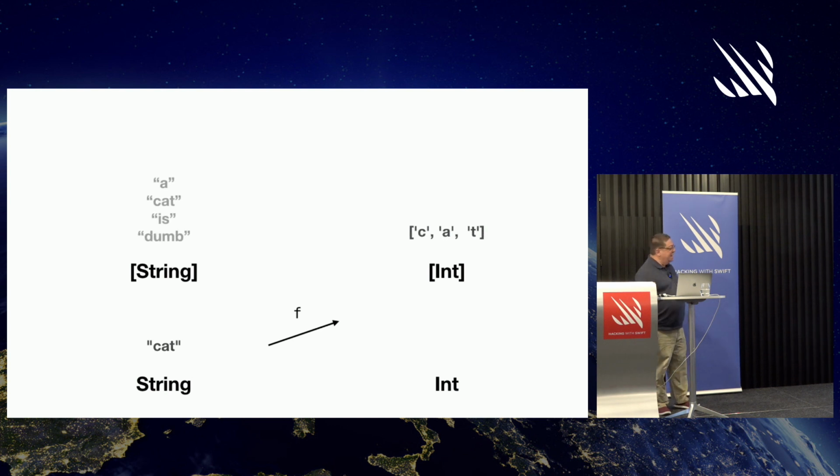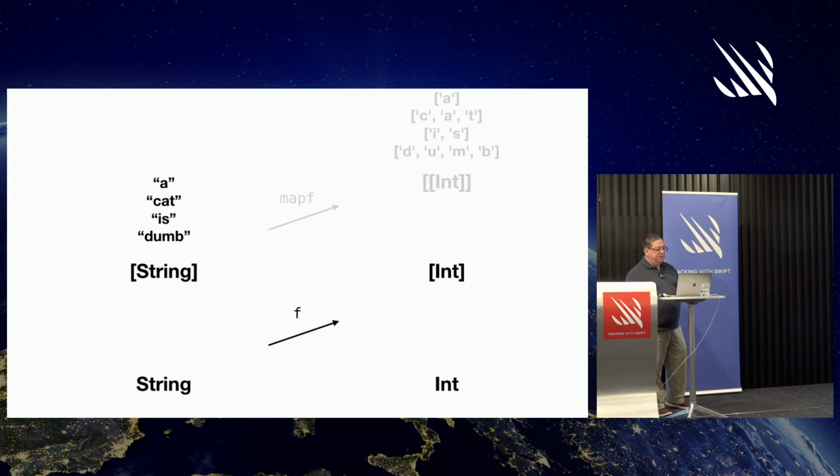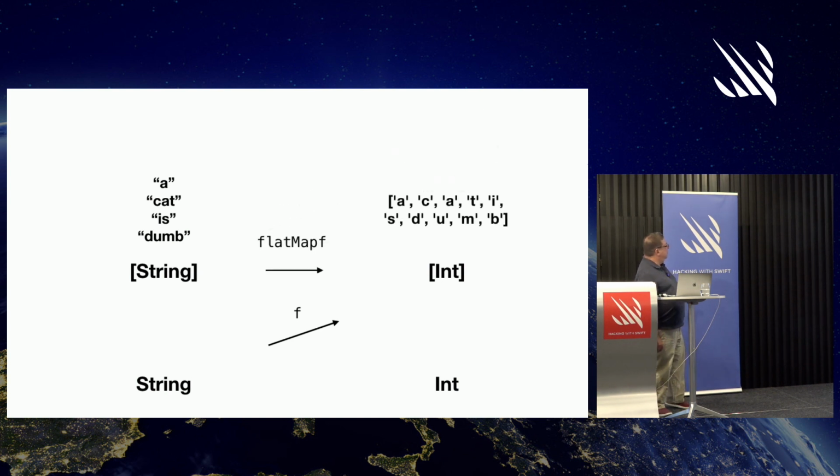And so if I get a cat is dumb, then map would lift you to an array of arrays. And that's clearly not what I want. I mean, I'm saddled with a dumb cat, and now I want these nested arrays. And so we flatten it, and we get a single array of all of the characters in all of the arrays.